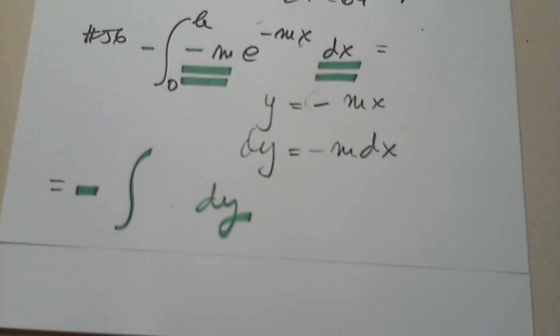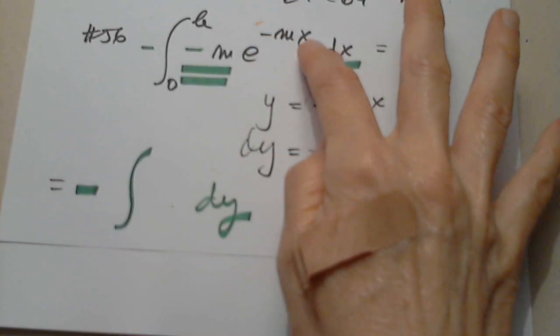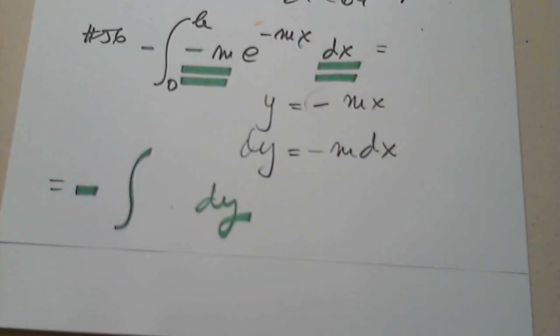That's not ever possible, unless you have a double or triple integral, which we will not study in this class. So what do I replace e to negative mx by? E to the y. Exactly.